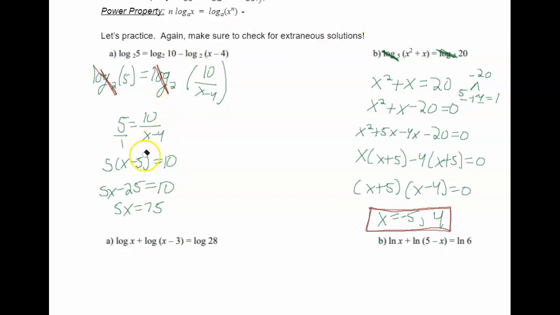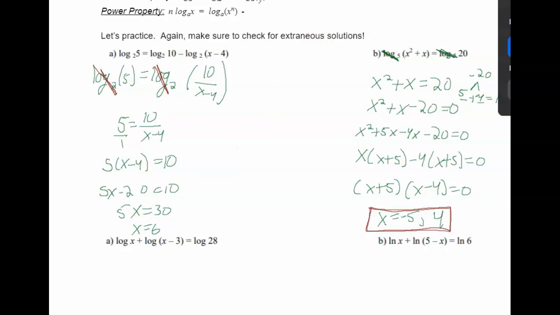I miscopied, so I made a mistake. This is going to be 5 times x minus 4, so this is going to be a plus 20 minus 20. Equals 10. X equals 6. And if I think about my extraneous solutions, if I plug a 6 where I see an x, I'd have no negative input.